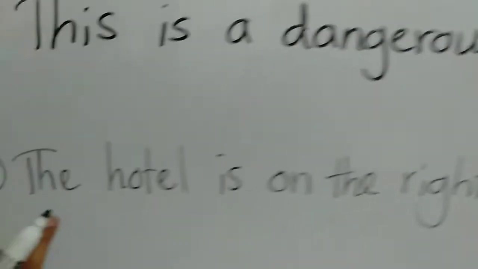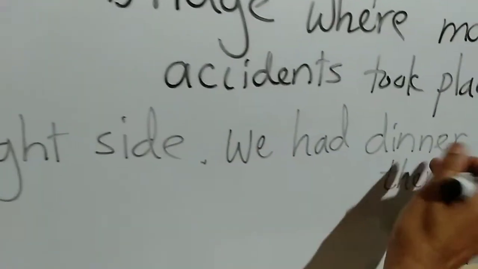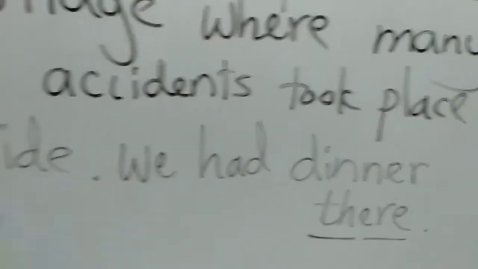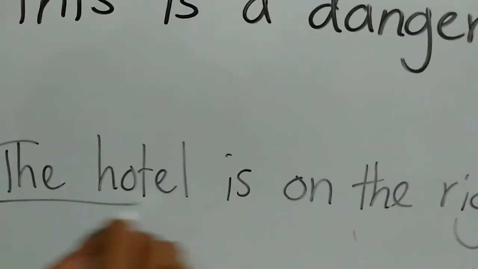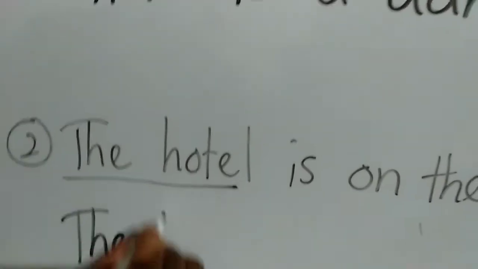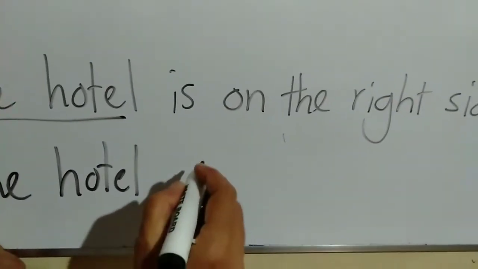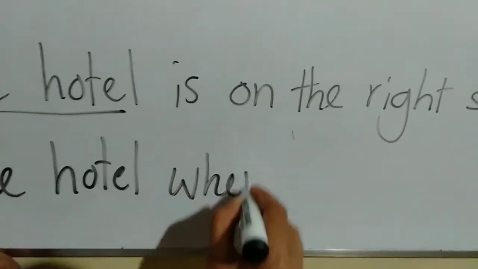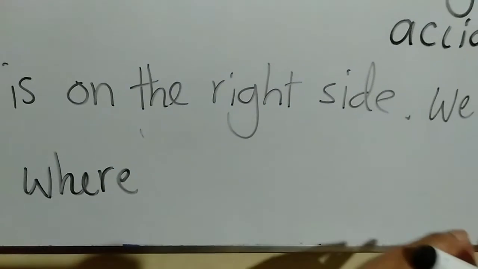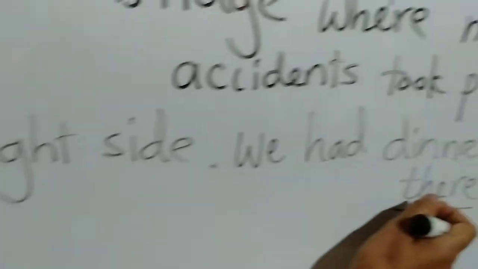Next example. The hotel is on the right side. We had dinner there. What is this place? The hotel. Okay, then join. The hotel. Immediately after this we place the relative pronoun where. The hotel where. This place is very special. You know why? We had dinner there.